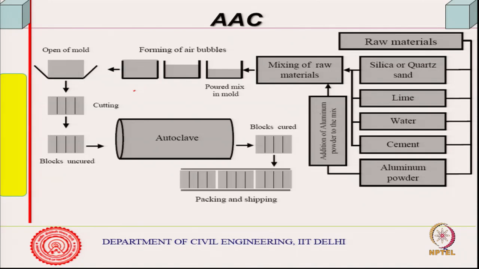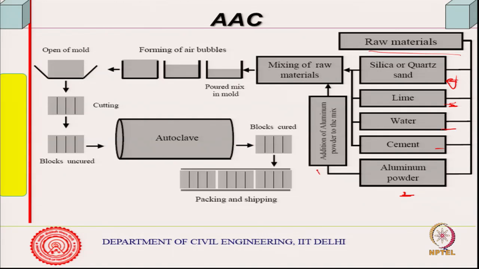This is essentially the process. You start from the raw materials, generally silica or quartz sand. In fact, in Delhi people were earlier using even Yamuna sand, or some silica sand, lime, water, cement, aluminum powder.